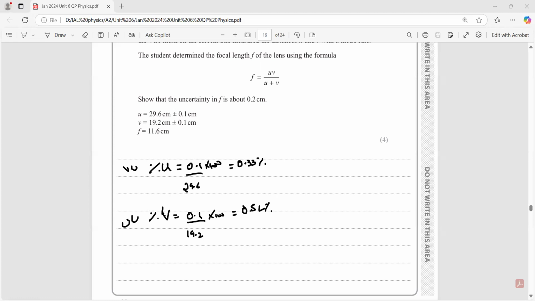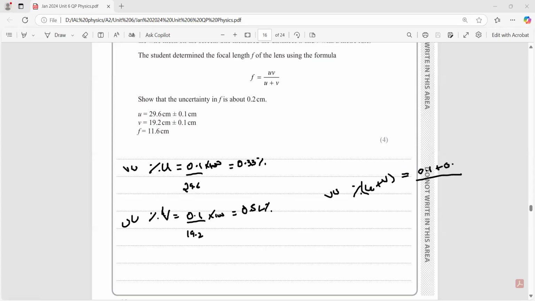Now, what is the uncertainty? The third, because we have U multiplied by V divided by U plus V. So first we find the percentage uncertainty in U and V. Then we need the percentage uncertainty in U plus V, because U plus V counts as one quantity. What about the uncertainty? Uncertainty always adds. U is 0.1, V is also 0.1.